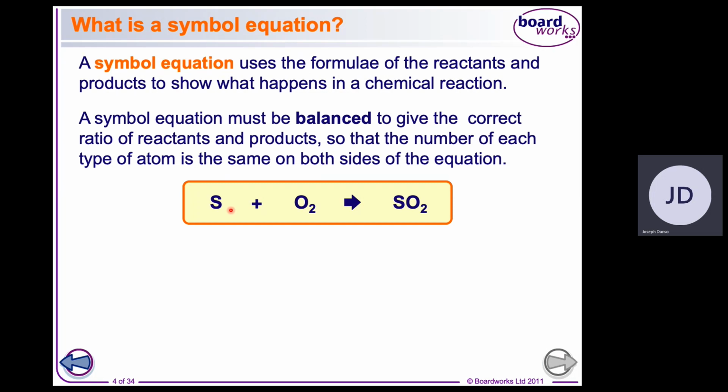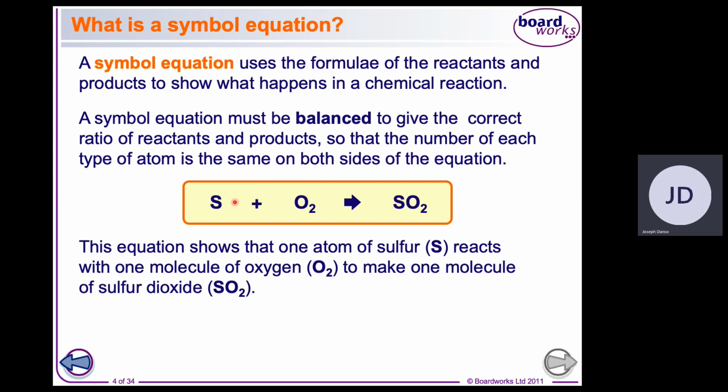So where word equation is just the names of the elements, symbol equation involves the use of the formula and symbols of the elements and compounds in the reaction.